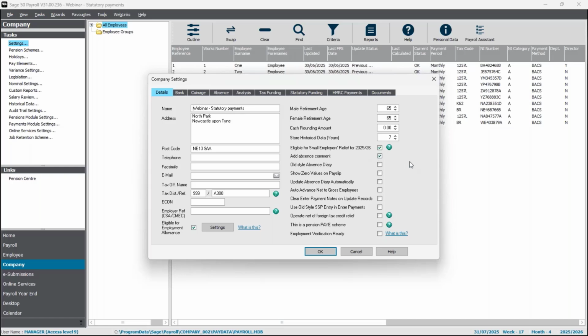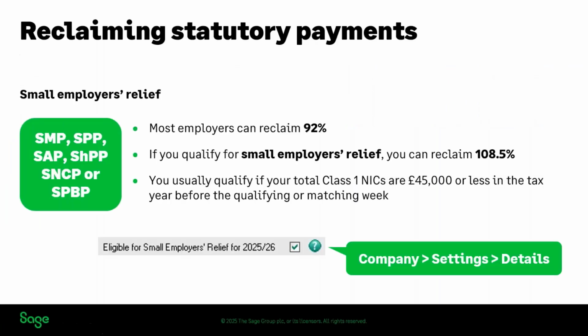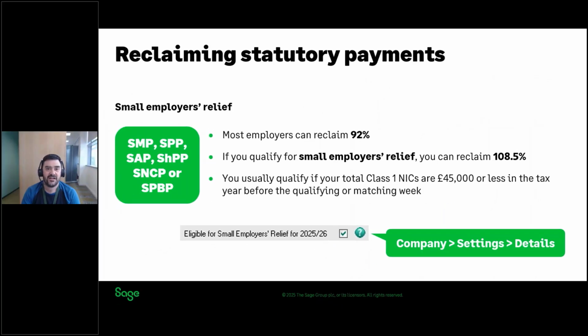And this means that when I process a statutory parental payment, I'll be reclaiming that 108.5% rather than the standard 92%. Now, if you don't qualify, you should just double check that this box is not ticked. And you'll see a little bit later on in the demo how you reclaim your statutory payments, which is all done as part of the month-end process.